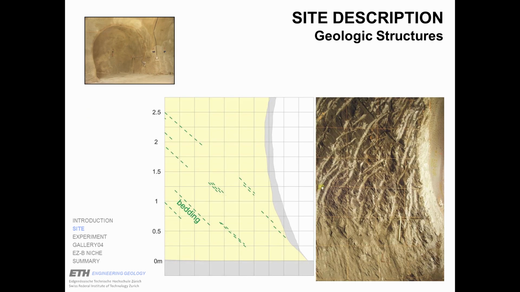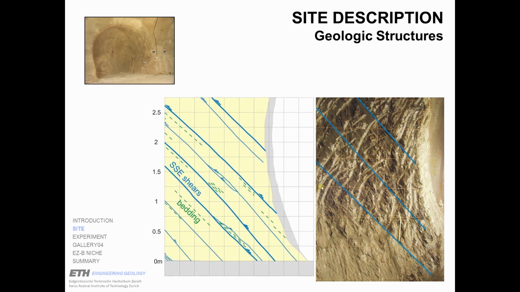In addition to these primary properties of the matrix, we have other pre-existing geological or tectonic structures, which are bedding parallel shear zones. These are called the south-southeast dipping shears. They are not easy to see in the tunnel because they are normally very thin, only a few millimeters thin. So it's not really easy to see them, what is shown here as a blue line in the field, but they are bedding parallel.